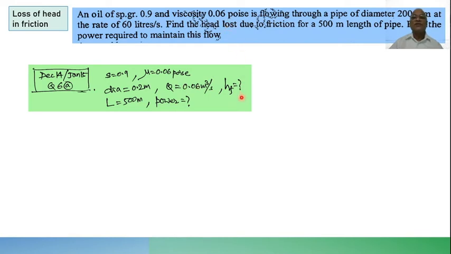Find the head loss, hf, how much, due to friction for 500 meter length. Find the power required to pump. Okay, this is the problem. We'll see how we'll have to go.